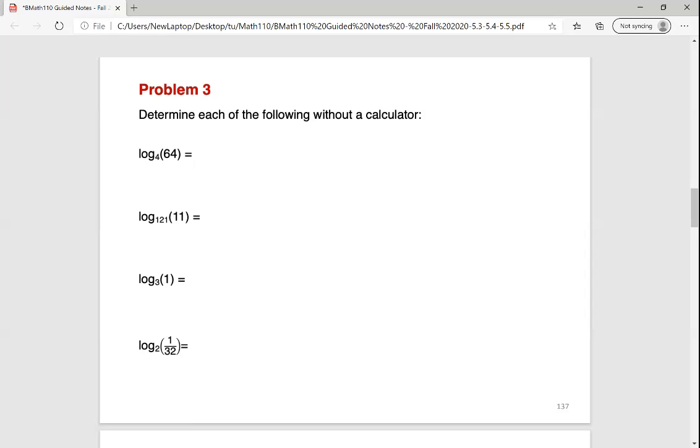So I want the argument to be base 4 too. So I know that log base 4 of 64. If you take 64 divided by 4, you will get 6.